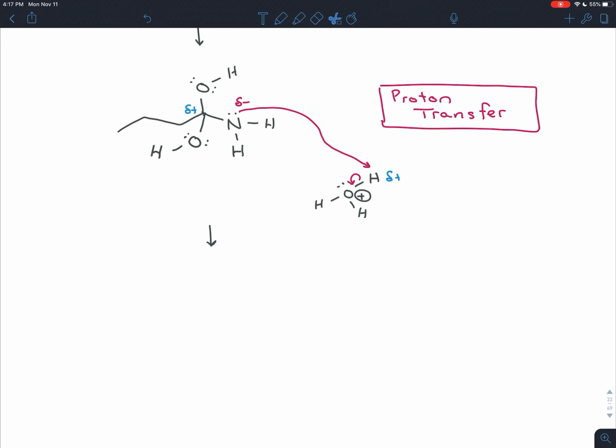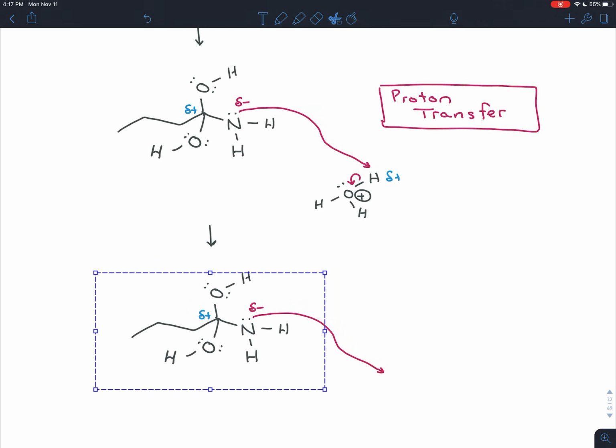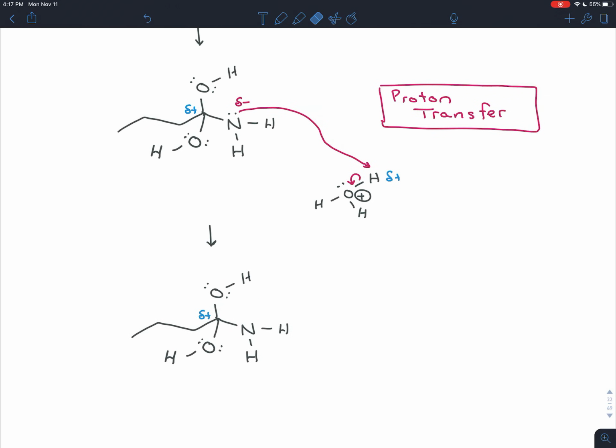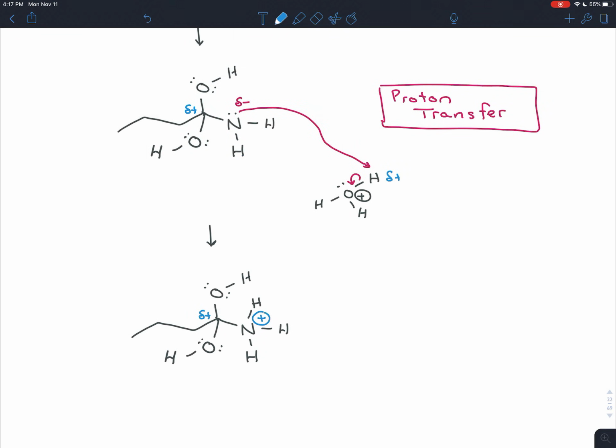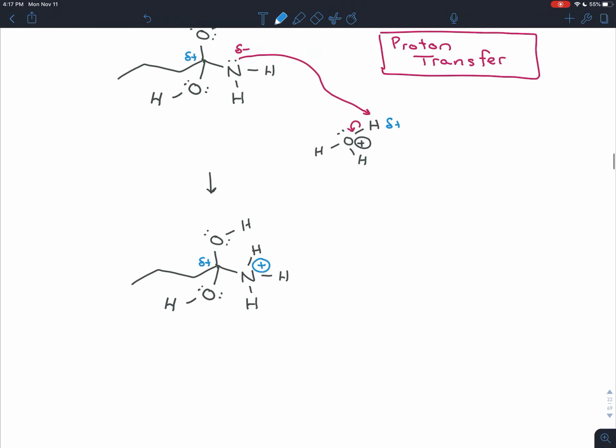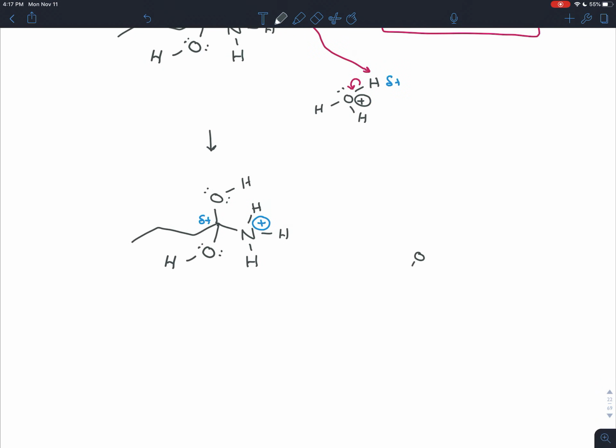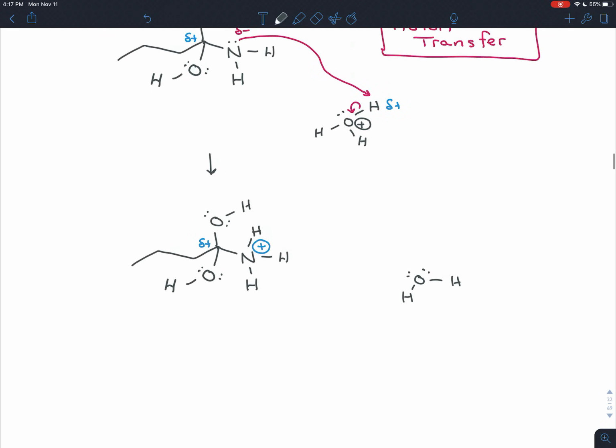And when you do that proton transfer, you turn this bad leaving group into a good leaving group. So now, that lone pair on the nitrogen turns into a bond to a hydrogen that has a full positive charge, and that's an awesome leaving group now. Moreover, we also created water in that step, the hydronium, after it loses the H+.